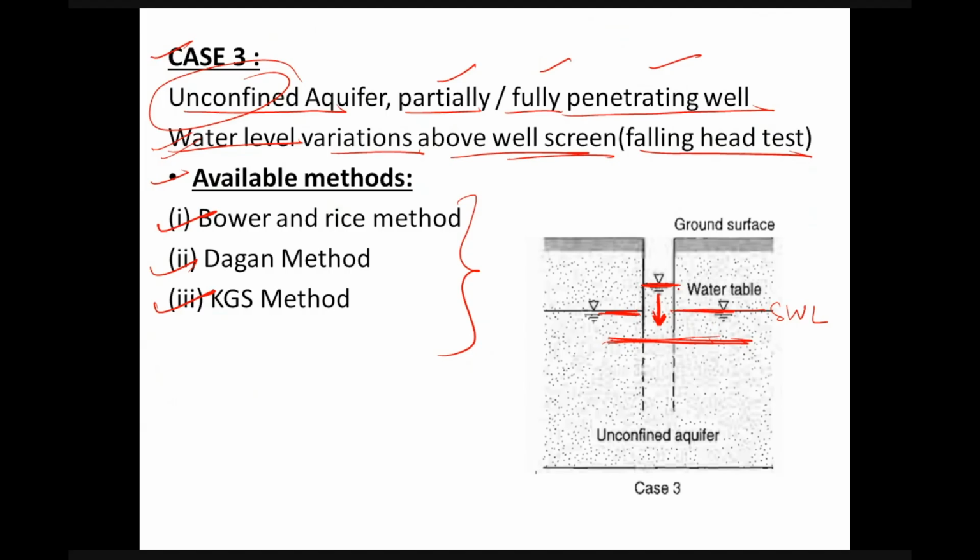So in this case, to reach its equilibrium position or to reach the static water level, the water level will decline. So this is a falling head test. And what methods can we use? We can use Bower and Rice method, we can use Dagan method, and we can use KGS method. So these are the three methods that we can use in this case 3.